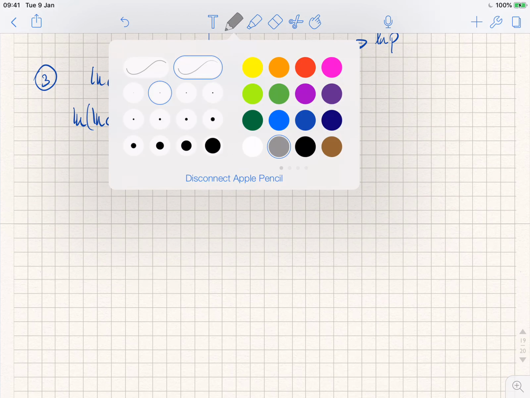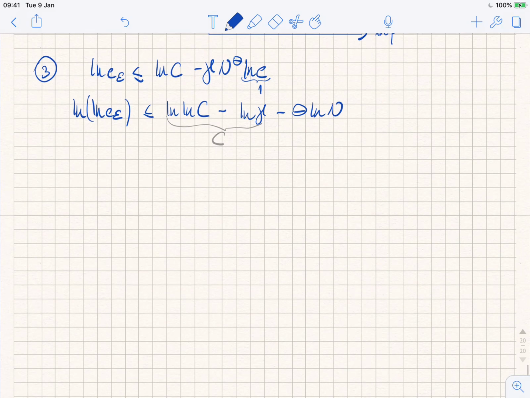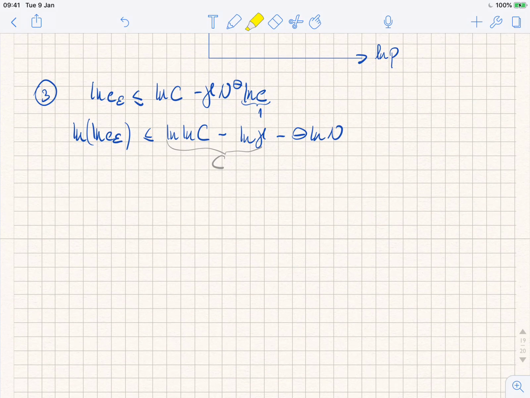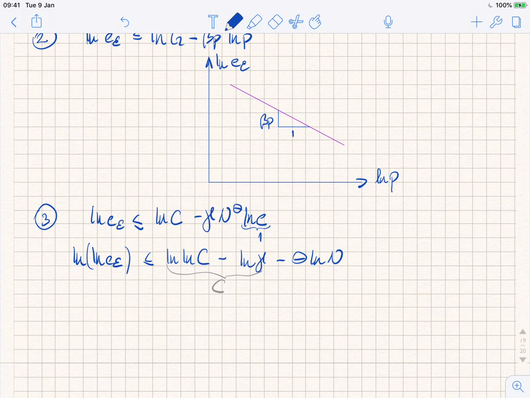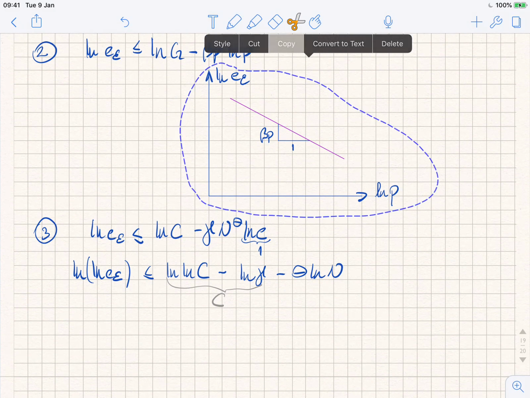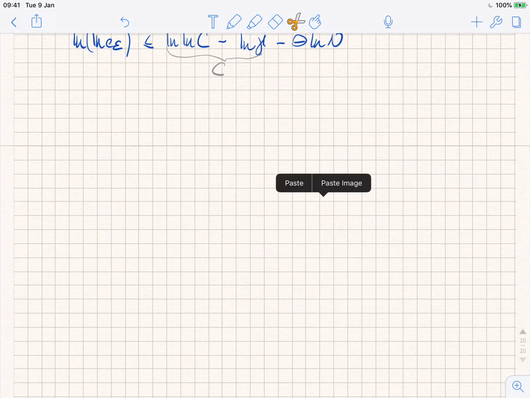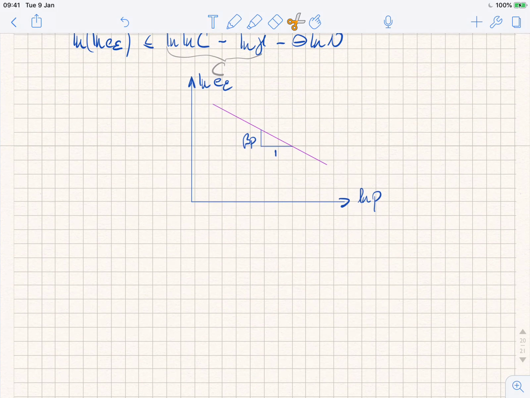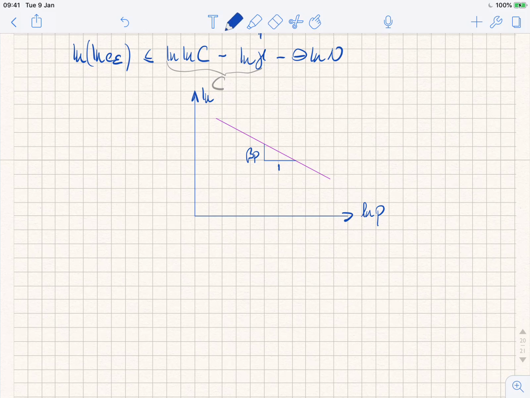And now, when you plot this, you see that I have a new slope, which is theta. So if I do the plot, of course I have to plot on the ordinates not the natural log of the error, but the natural log of the natural log of the error.